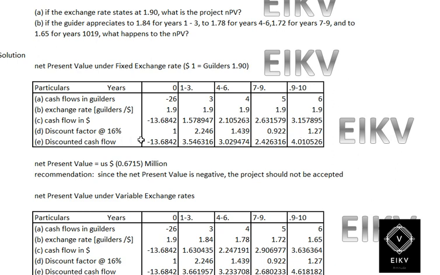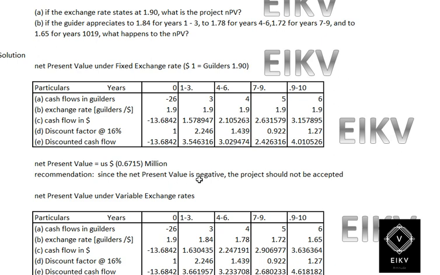So when we multiply, we will get the discounted cash flow, and after that you can take the sum total of the entire value and you will get the net present value as negative $0.6745 million.